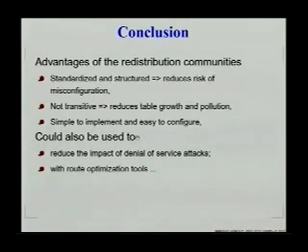There are two more applications of our communities. First of all, these communities could be used to reduce the impact of denial of service attacks. We can use these communities in conjunction with tools that can detect such denial of service attacks and identify the source of these attacks, and then influence the way our routes are announced towards these sources.